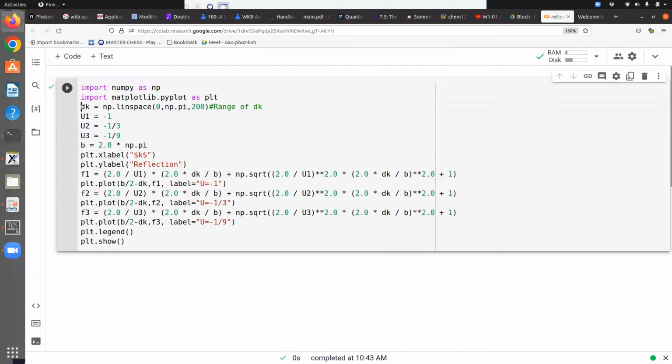So this is the range of delta K. We are going to find the reflection for 3 different potentials, and the functions to be plotted are defined here. So let us run the code and see the output.